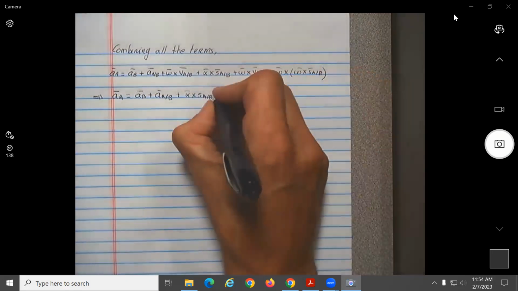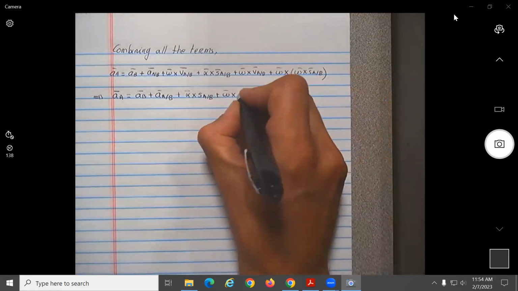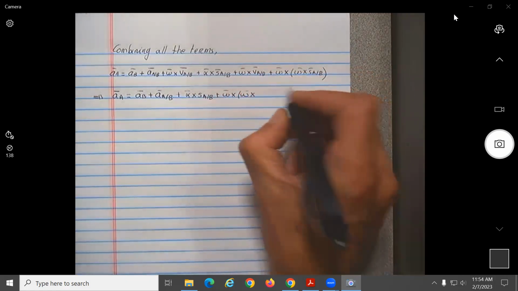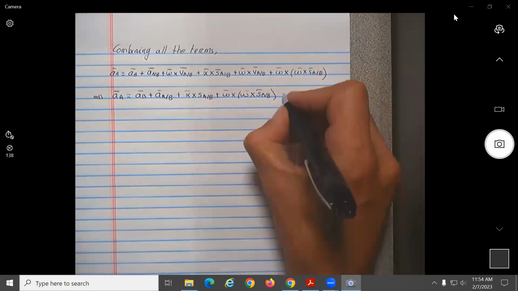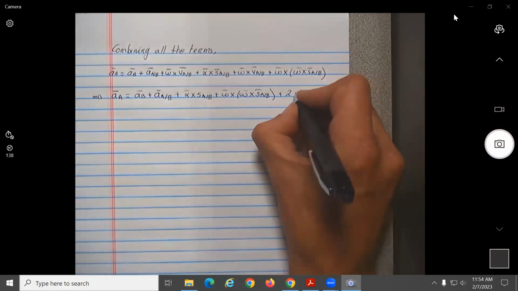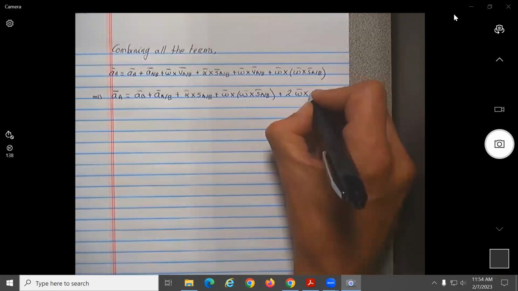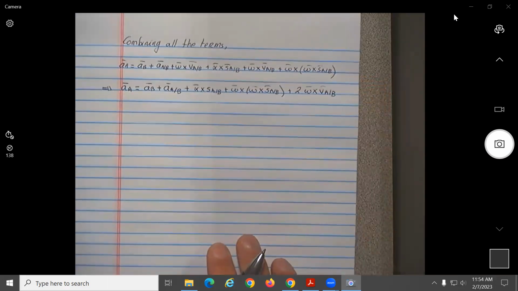Now I'm going to put the last term, plus omega cross omega cross S of A with respect to B, plus what? 2 times omega cross V of A, velocity of A with respect to B.